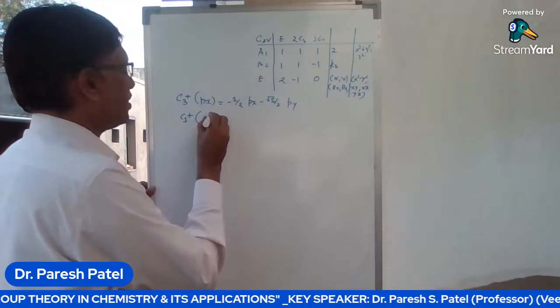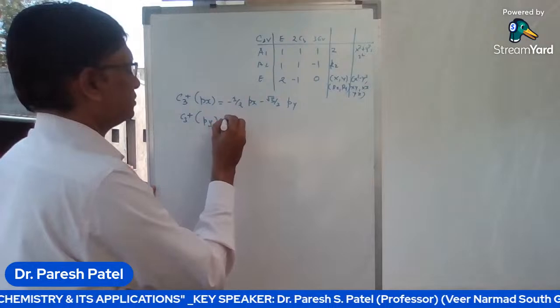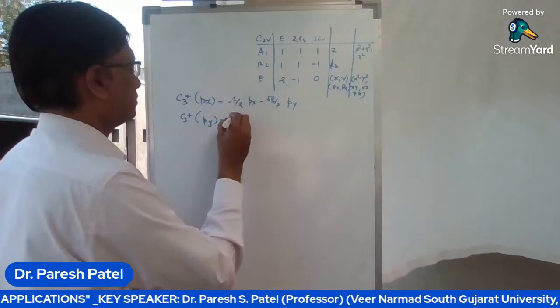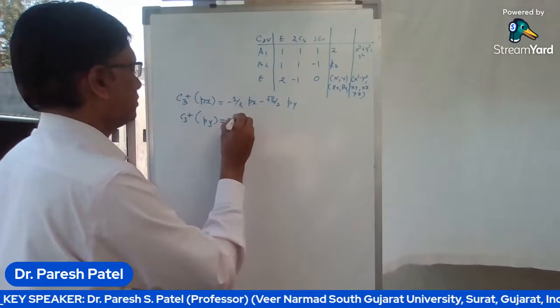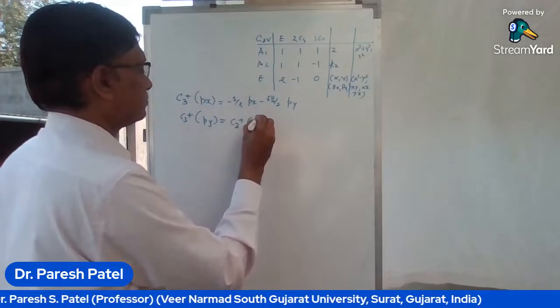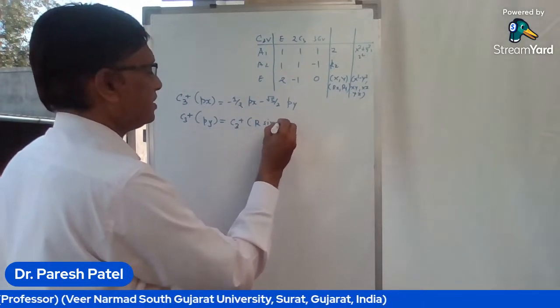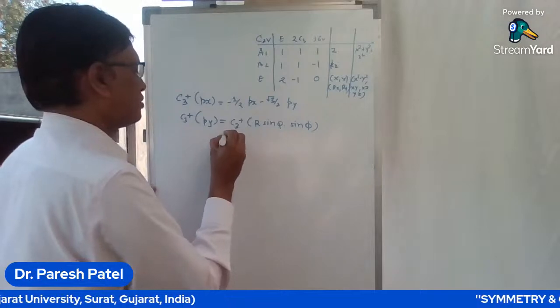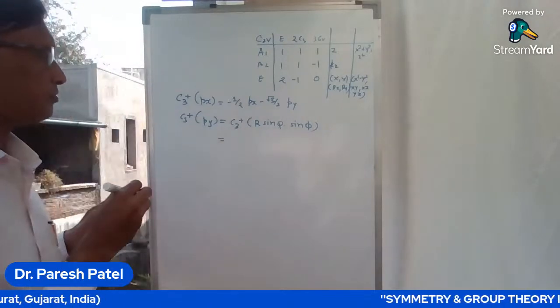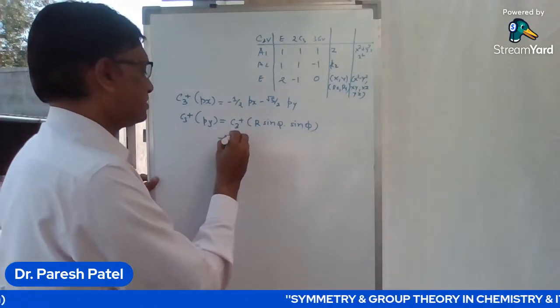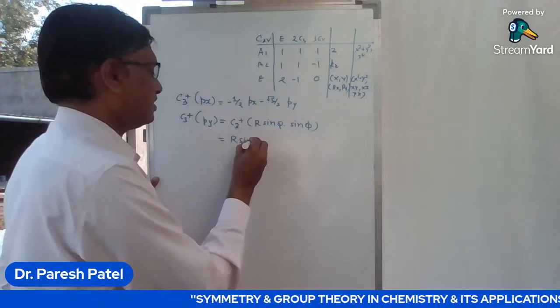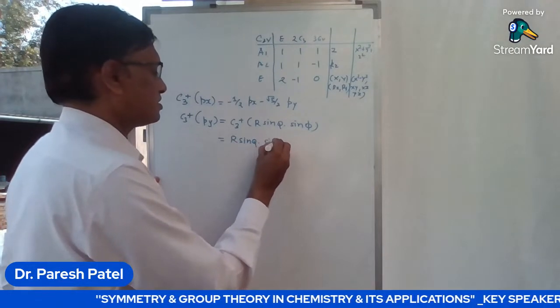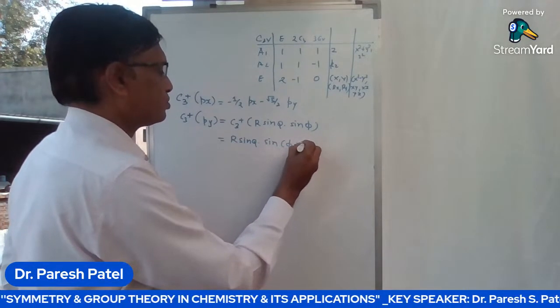If you go for py, then C3 plus on r sine theta sine phi is equal to r sine theta sine of phi plus 2 pi by 3.